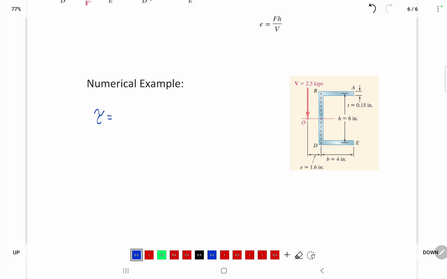We explained this equation before, which is Q over T, and then it may be written like this: Q V over I T, where Q is the static moment of area, V is the vertical force, I is the moment of inertia of the whole section about its centroid, and T is the thickness of this section at any point of consideration.